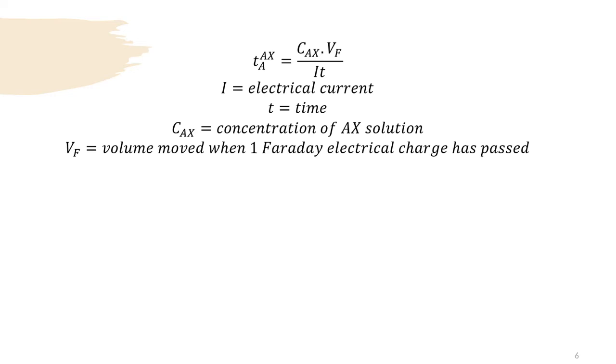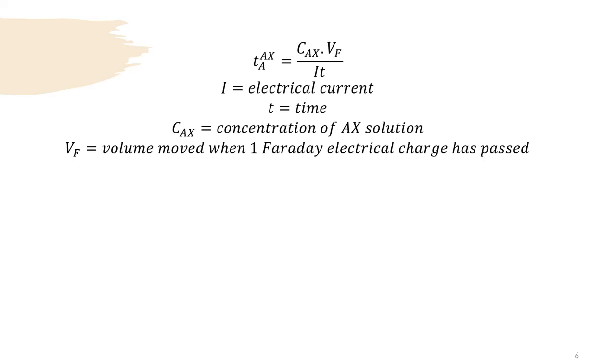So when you look at your lab manual for this experiment, it boils down to this equation. So for example, this transport number is equivalent to the concentration of the AX solution.